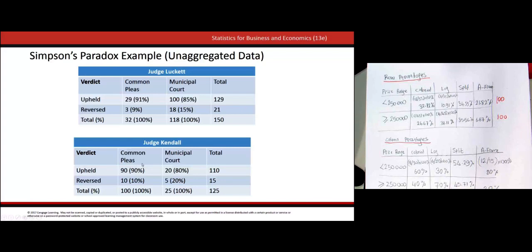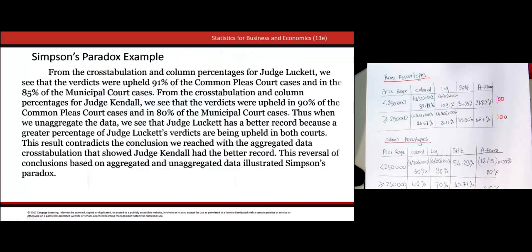So if we look at the unaggregated data, Judge Lockett is doing a better job. This reversal of conclusion based on aggregated and unaggregated data is Simpson's paradox.